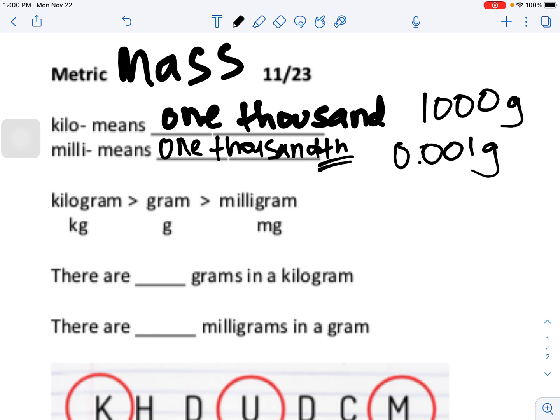Something very heavy like your body or a car or a whale or even a gallon of milk, all of those are going to be in kilograms. And milligrams are so tiny, actually nothing in the classroom, none of my scales can measure milligrams because they're so small. It's like a toothpick or a tablet of aspirin or a feather, maybe even a straw.